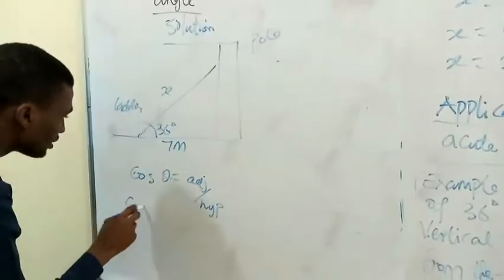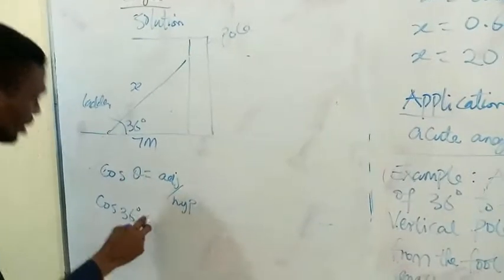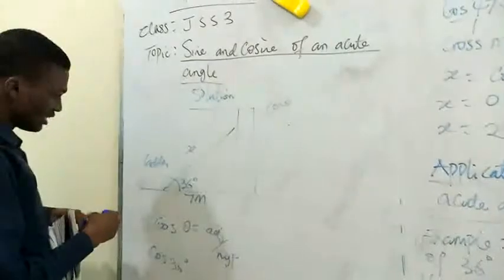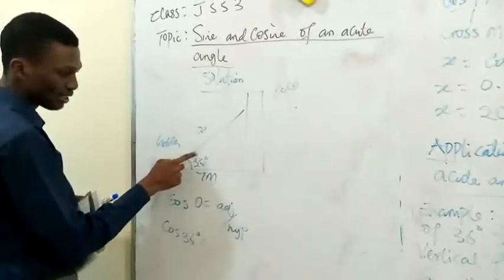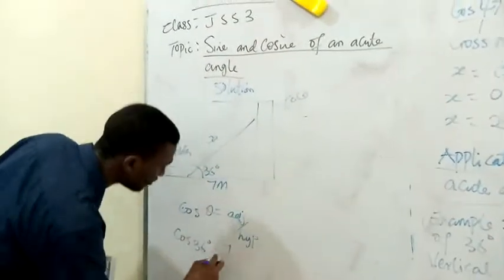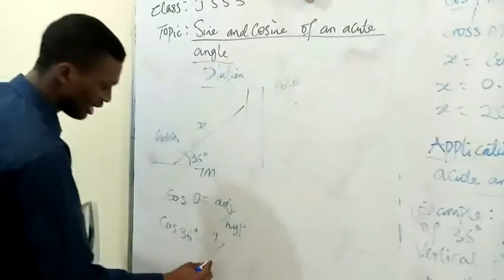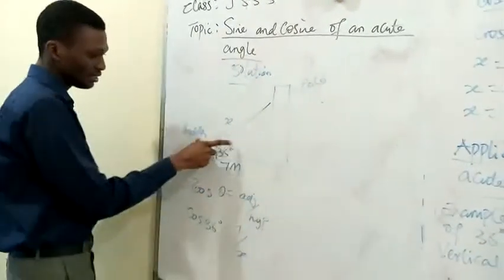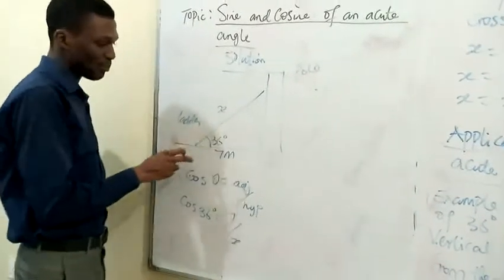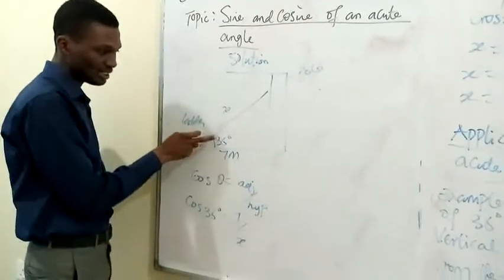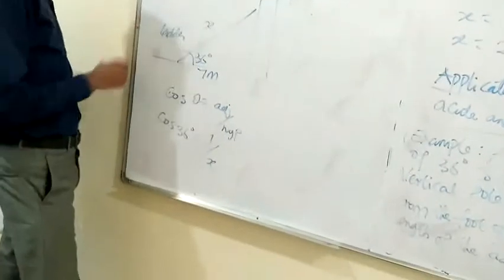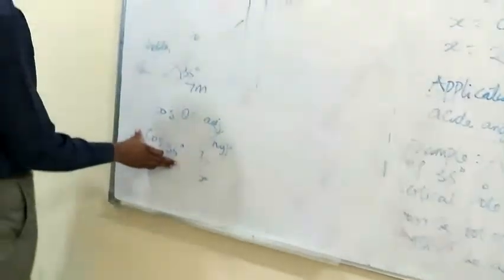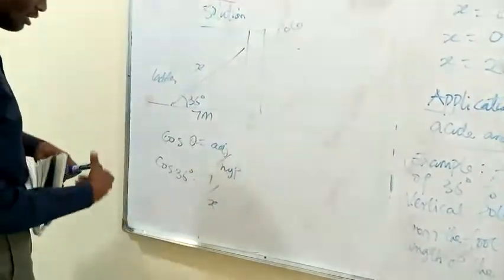So cos 36 degrees will give us our adjacent, which is on the same side as our angle 36, so adjacent is 7, over the hypotenuse x. So we have cos 36 equal to 7 over x. At this point we cross multiply.